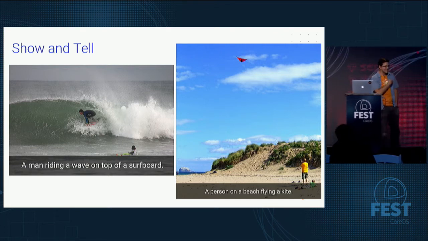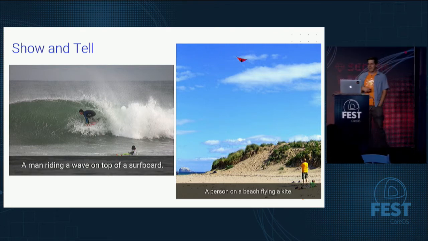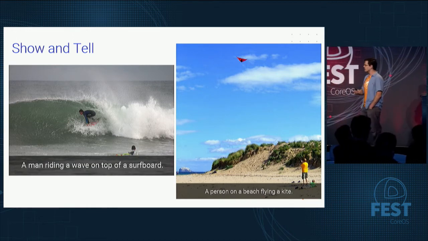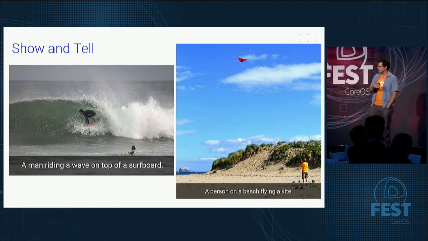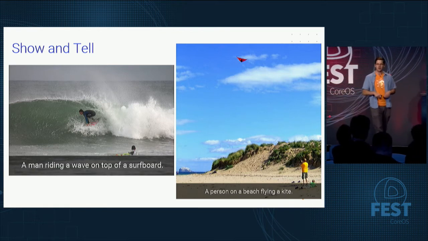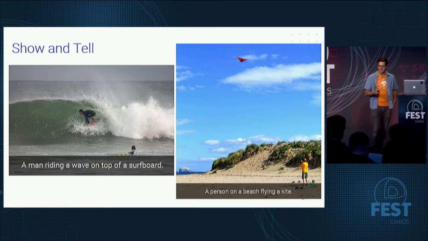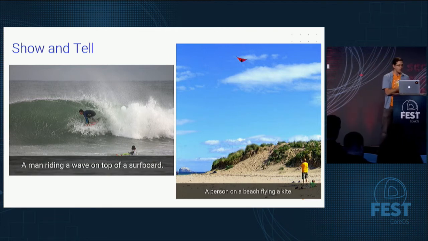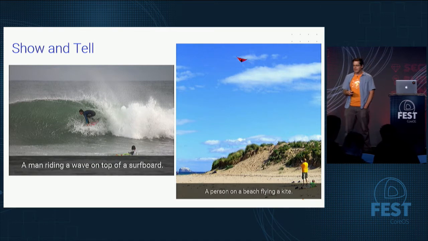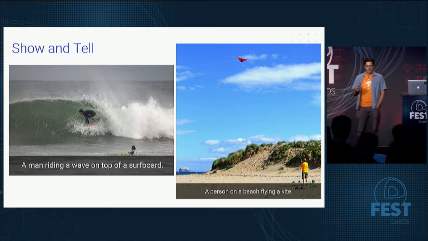This Show and Tell model is built out of that Inception image recognition model and parts of that translation framework I just mentioned. You put the two together, and instead of translating French to English, you translate image to English. And it's shocking that it works this well. And 5 years ago, it would have been inconceivable.